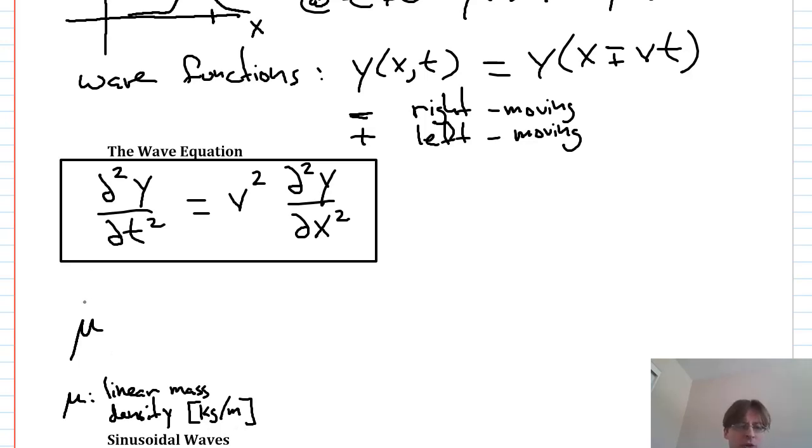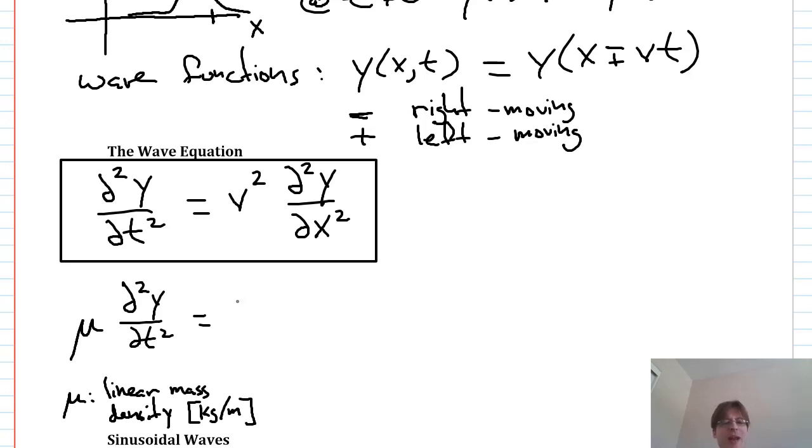So Newton's law is going to say take the mass density times the acceleration. That's just ma, basically. Ma equals the net force on that little piece of the string.